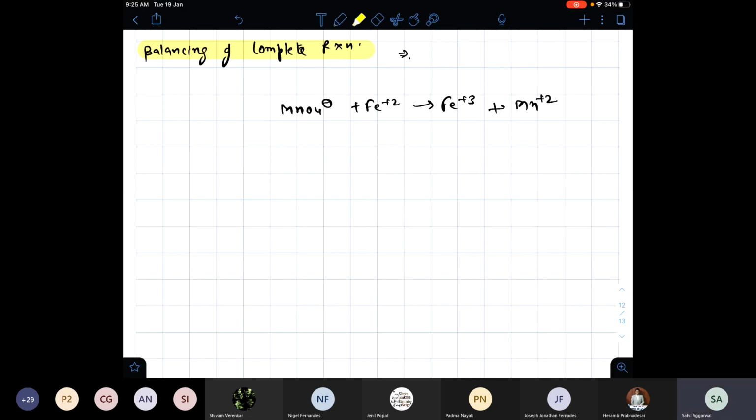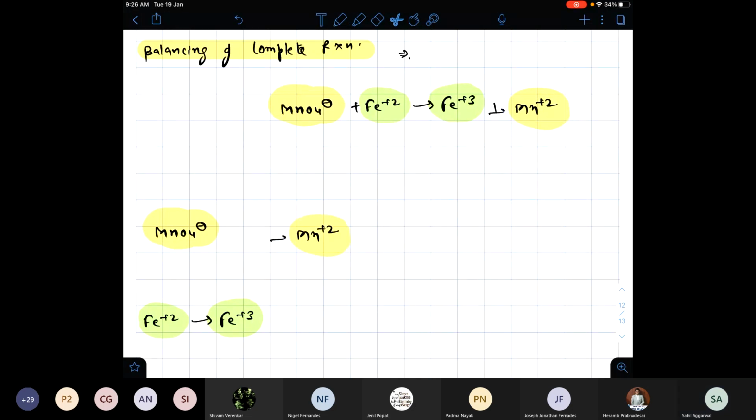You will make 2 half reactions, this and this. You will balance them separately.